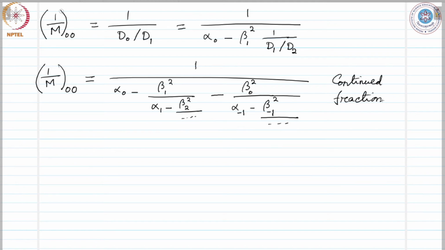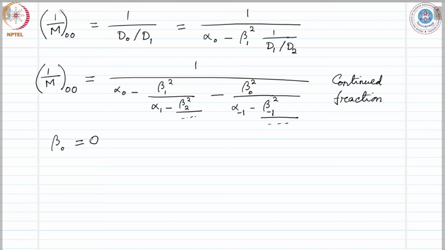Now, in this case, we have beta naught equals 0. Then we obtain the previous equation that we have discussed earlier. So, using this method, we can obtain any of the diagonal elements of the inverse matrix.